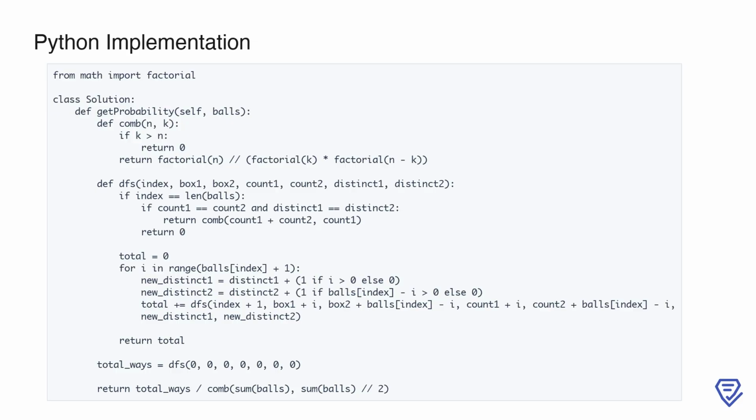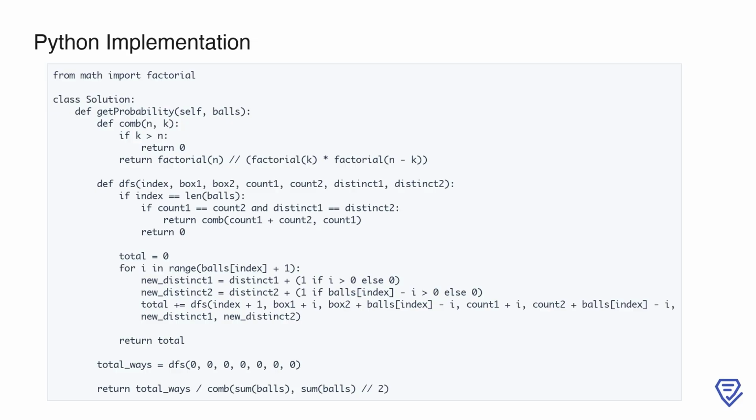For each ball type, the function iterates over all possible ways to distribute the balls of that type between the two boxes. The recursion stops when all ball types are processed, and the base case checks whether the number of distinct ball types and the total counts in both boxes are equal. The total number of valid ways to distribute the balls is then calculated through recursive calls.